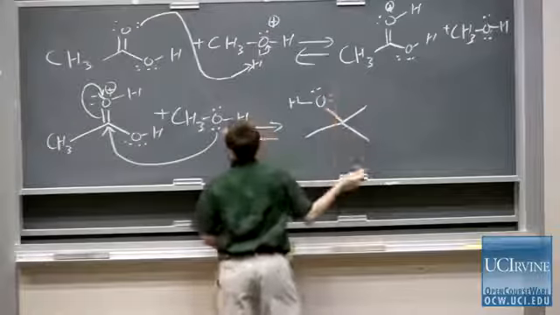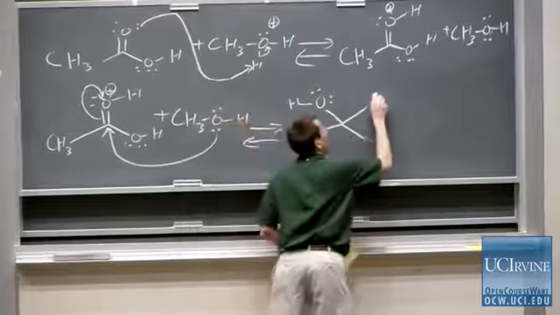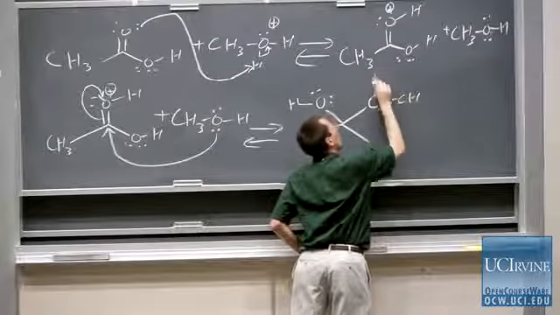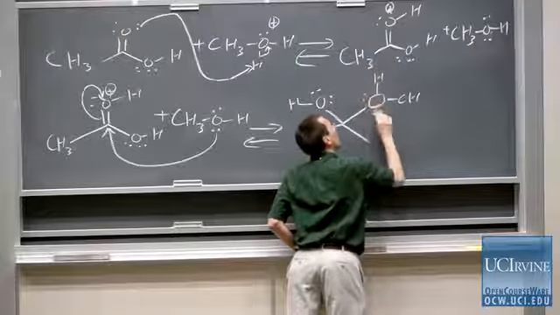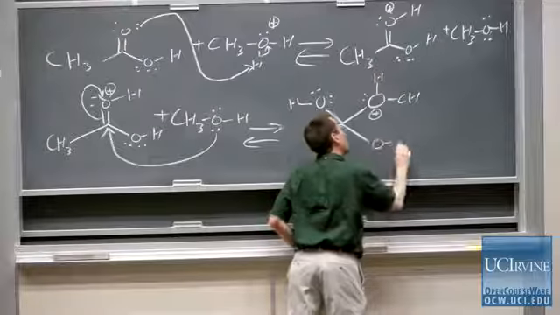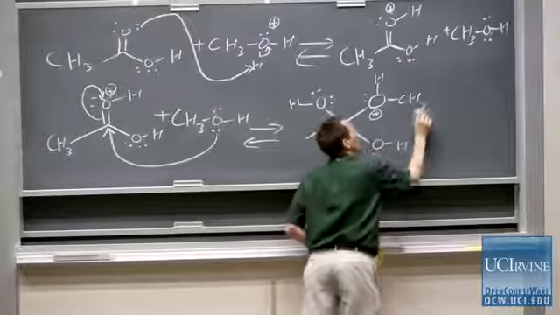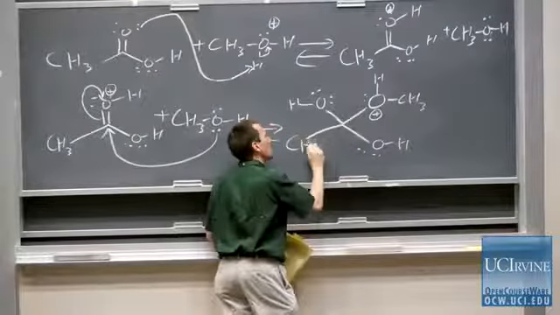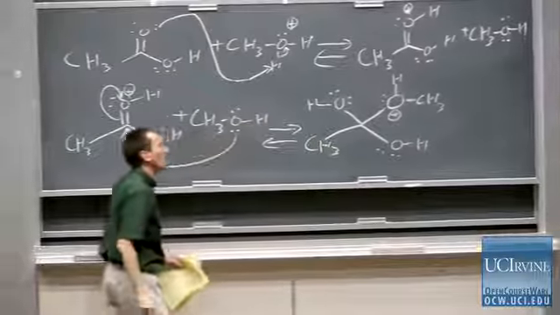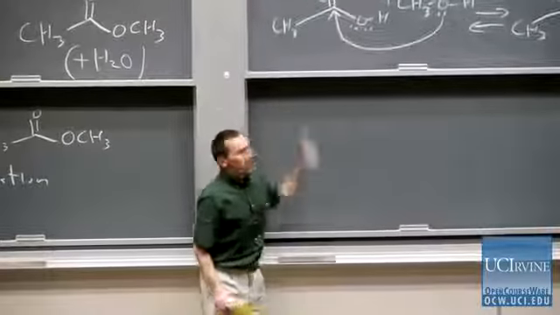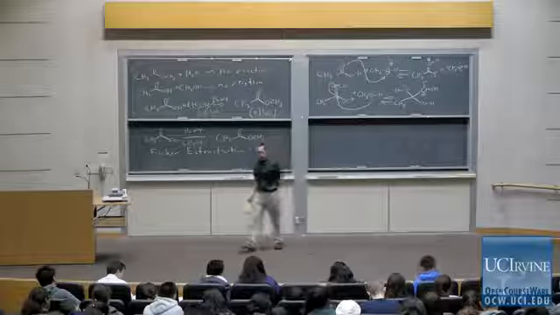So we get an OH group here, and we get a methoxy group with a proton and a positive charge on it, and another OH group, and I will try to be as good as I can about keeping track of all of my lone pairs of electrons. So we formed a tetrahedral intermediate.